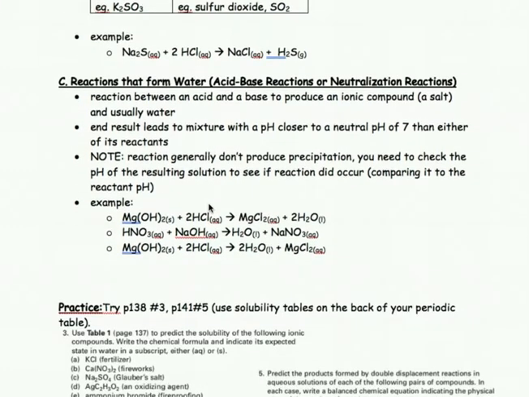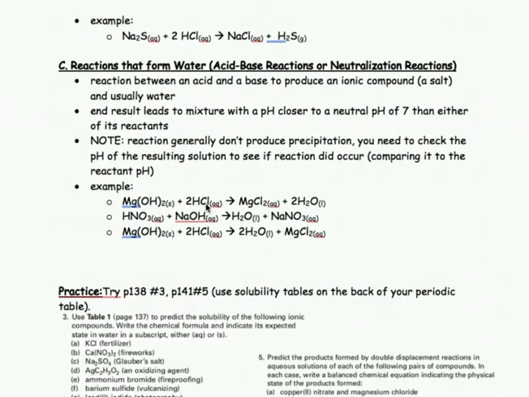All right, so here's a third type of double displacement reaction. It's the ones that form water. You would have studied them last year. They were called acid-base reactions or neutralization reactions. So basically what's happening here is you have an acid and then a base, and they're being mixed together, and one of the products is water.